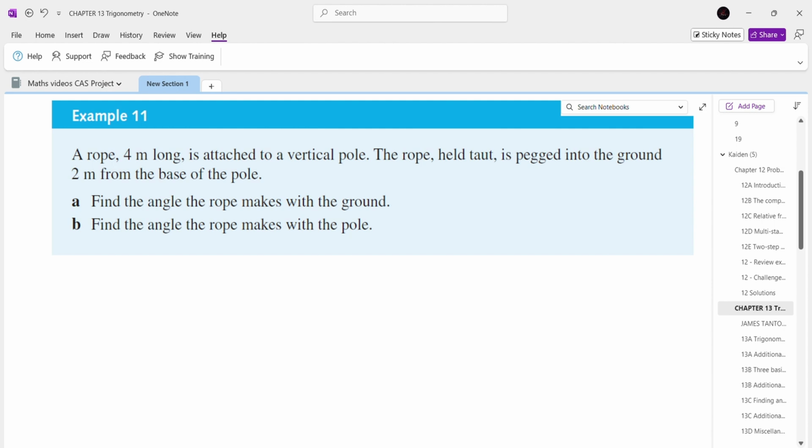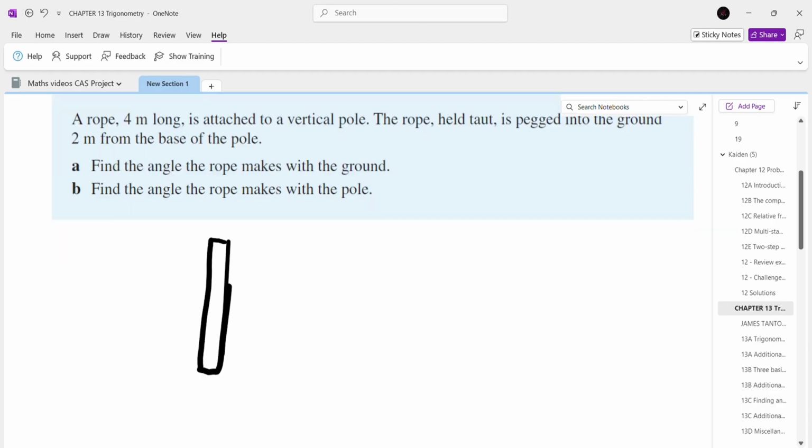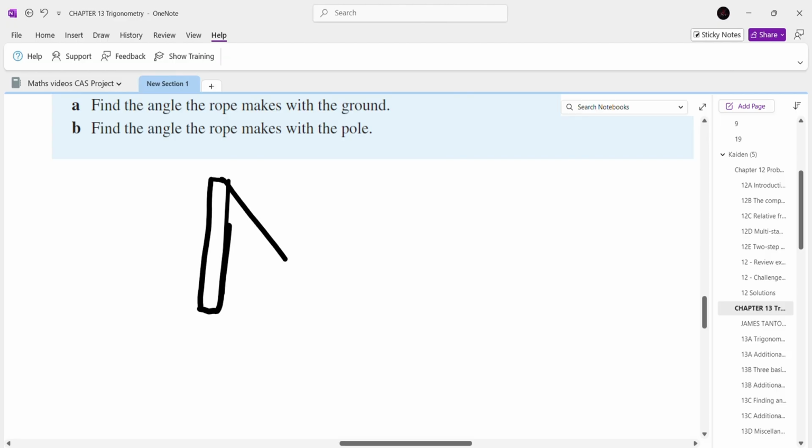So that means that we have a rope 4 meters long. We have an angle of depression right here. We have the height of our pole here with a rope held taut.